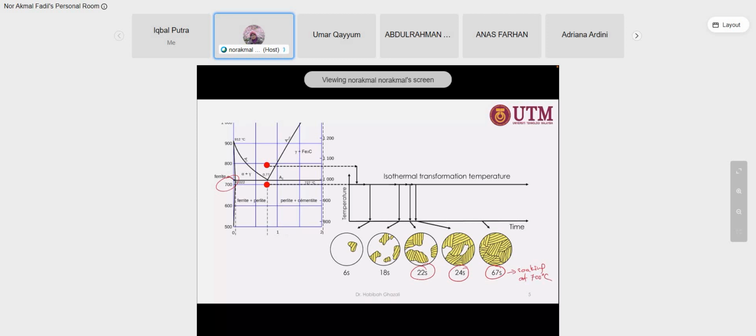See, soaking time, holding at this particular temperature, will influence the transformation. So this transformation occurs at 700 degrees Celsius. Okay, this is the first isothermal temperature.